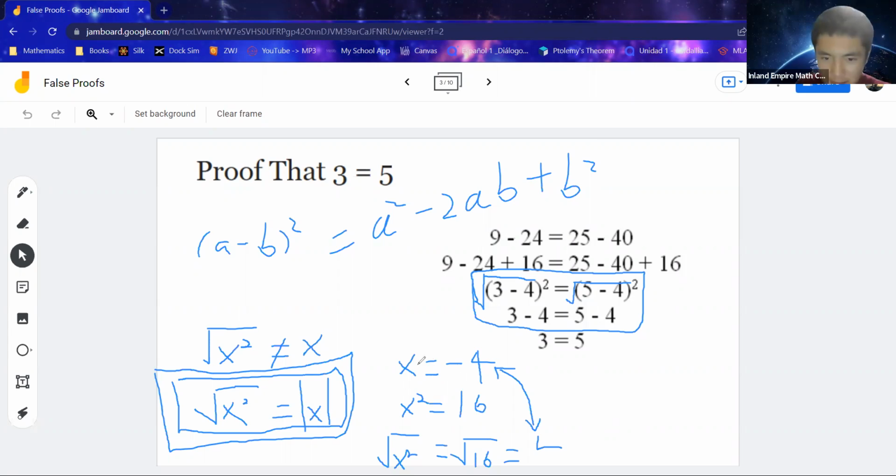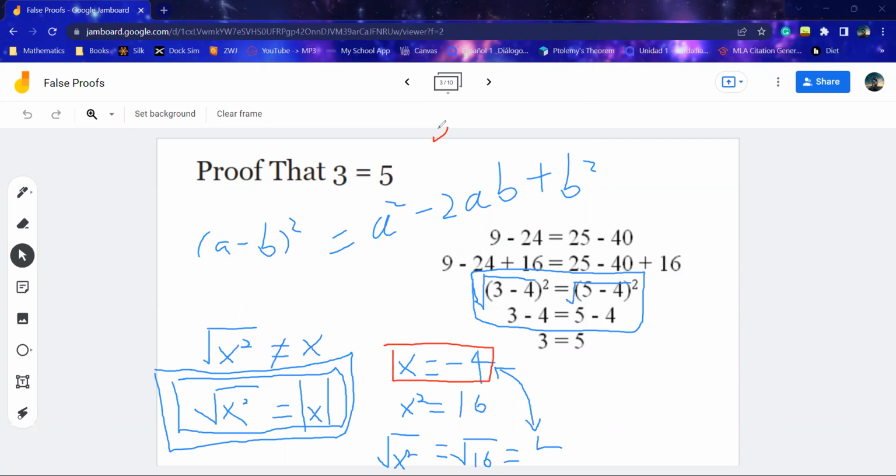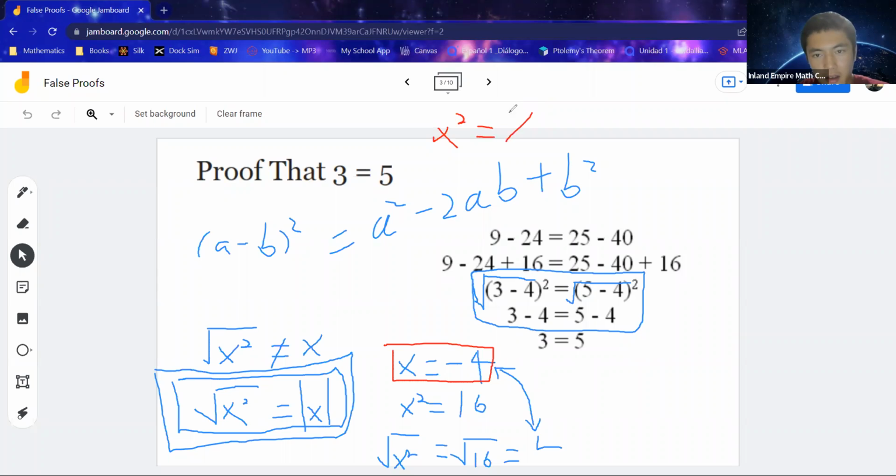It actually doesn't equal 16, right? Because in this little example of ours, x equals -4. We define x to be -4. Let me use a different color, it's fancy. We define x to equal -4, right? So x squared is really x multiplied by x. I'm going to use a small x to represent the multiplication symbol. So -4 squared, what is that? That's really -4 times -4, right?